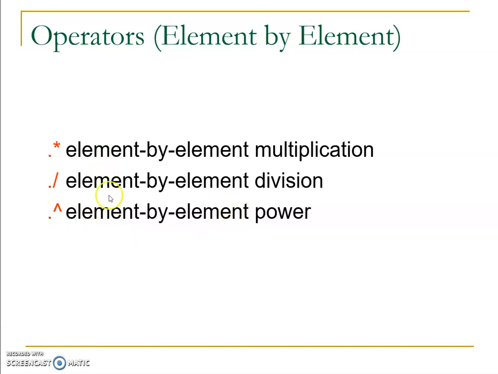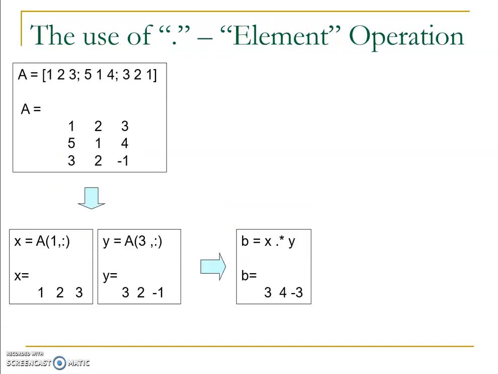All these specify element by element division and element by element power respectively. Now here, let's consider a matrix A, which is 1, 2, 3, 5, 1, 4, 3, 2 and minus 1, a 3 by 3 matrix, 3 rows and 3 columns.